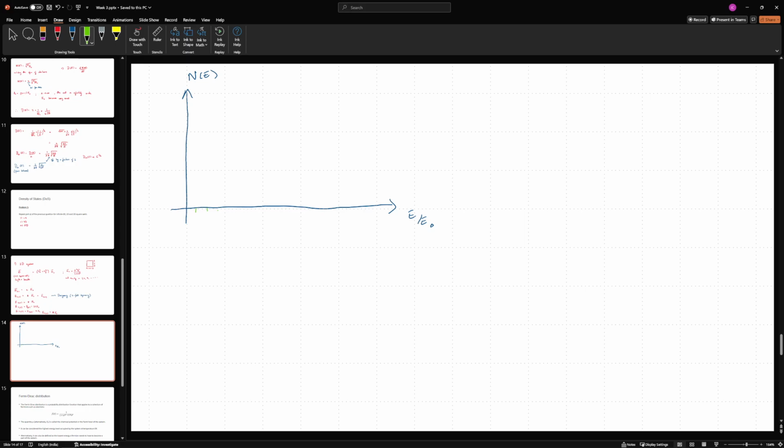I can do more than that. Let me scale this graph accordingly. So this is going to be 1, 2, 3, and 4. So this is 4 E naught. Alternatively, I can do it like this.